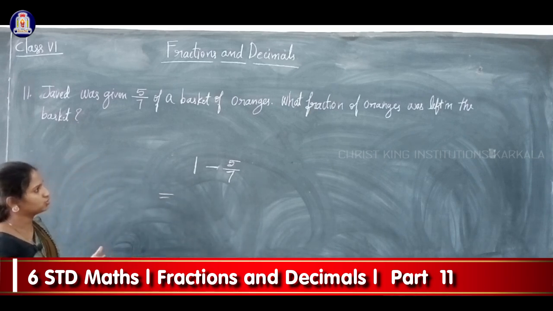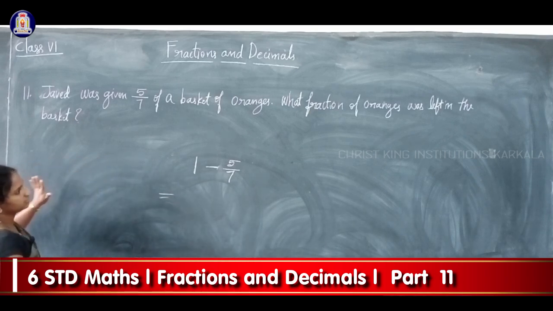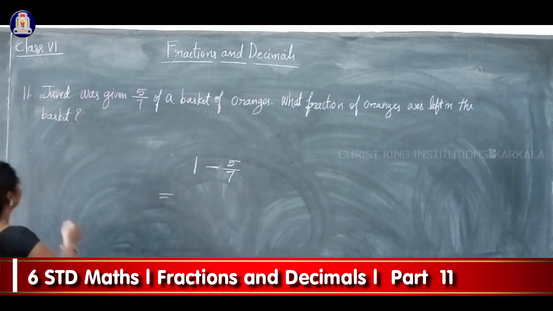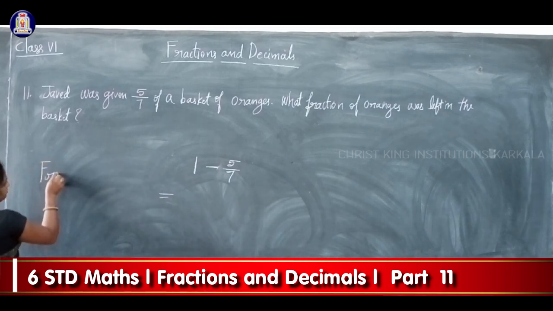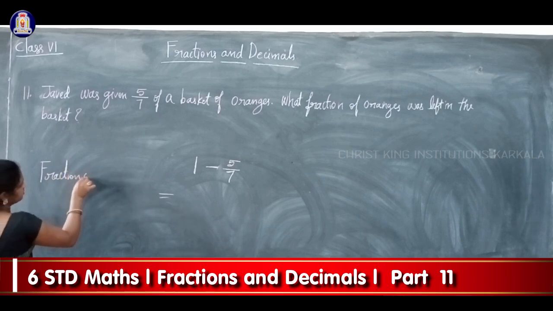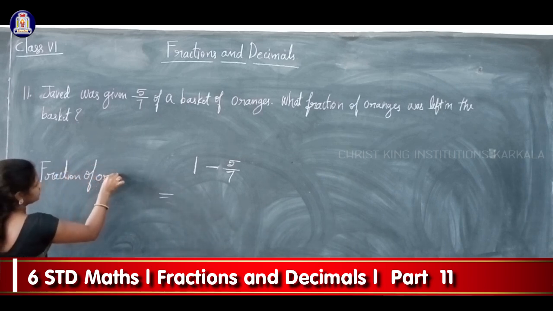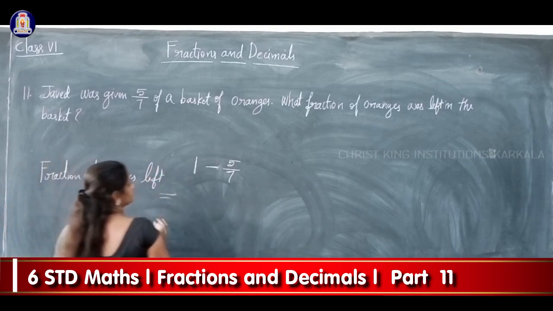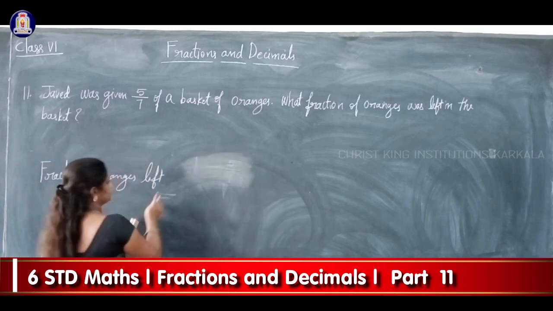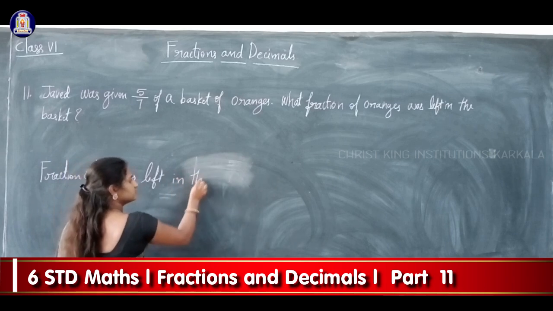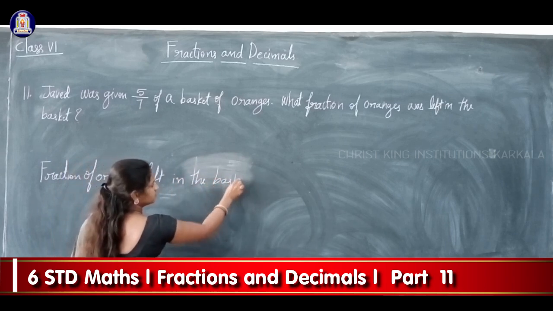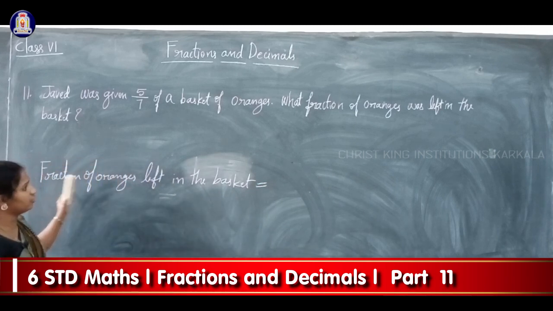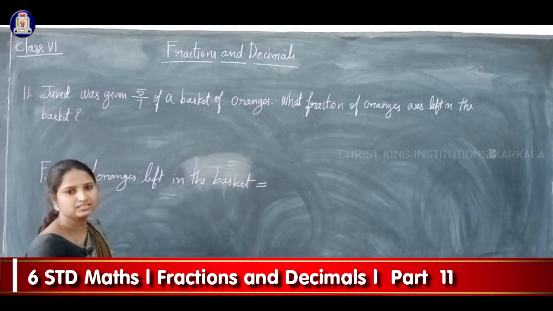That is the question. So now we can write, the fraction of oranges left in the basket is... we can't write directly how much is remaining, that we don't know.